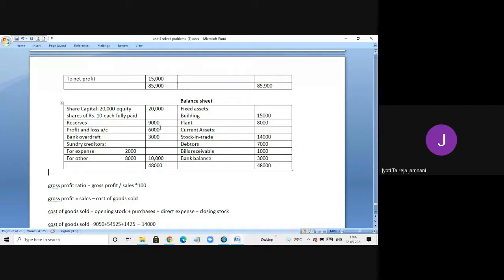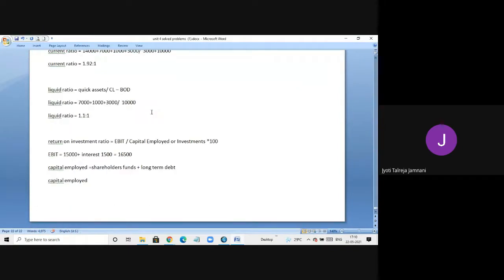These three things we will take. Bank overdraft and creditors are short term, or current liabilities, which we will not take. So we don't have long term loan, but in shareholders funds we have capital 20,000, reserves 9,000, and P&L 6,000. So 20 plus 9 plus 6.